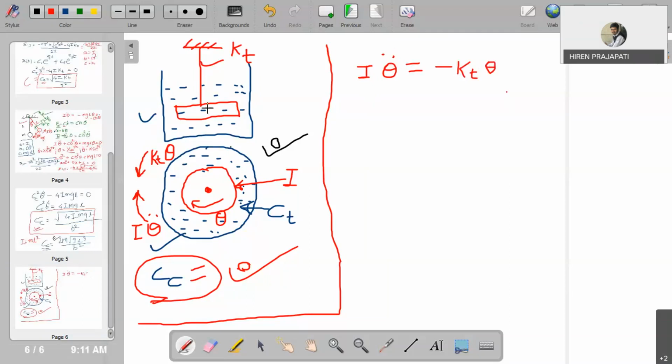But now this disc is kept in a liquid containing drum. So suppose you know the C of this drum. If you now consider the C value of this drum, then we have derived it is mu A by H, right?